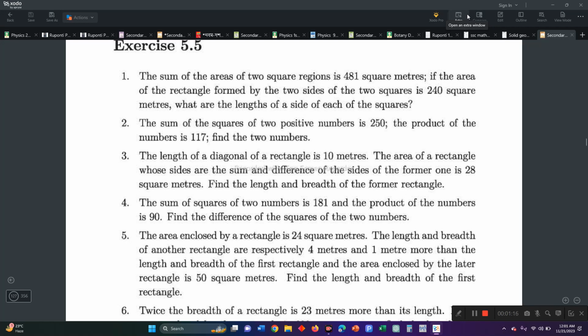Then, the area of the rectangle formed by two sides of the two squares.